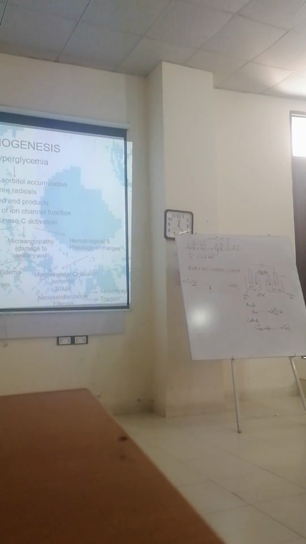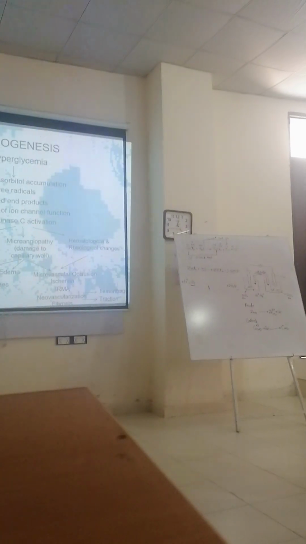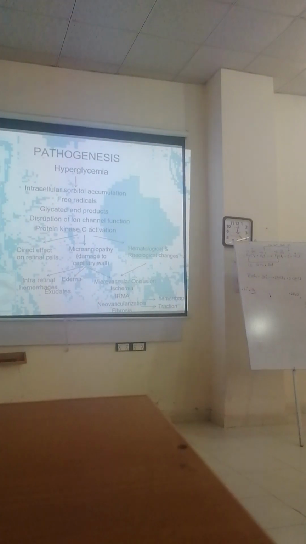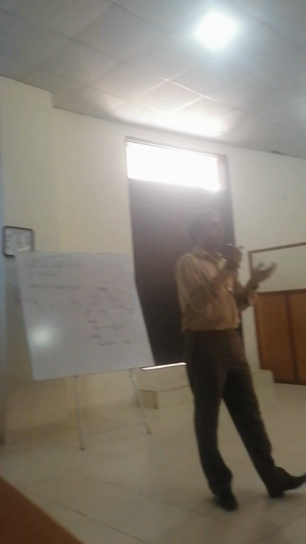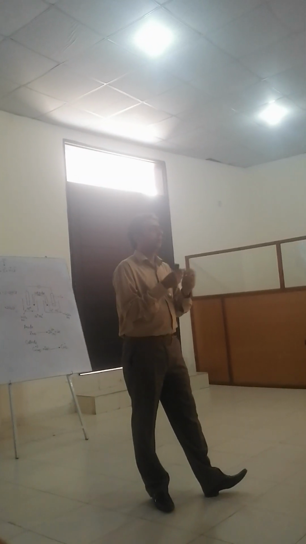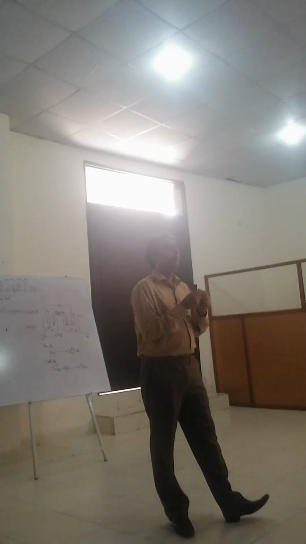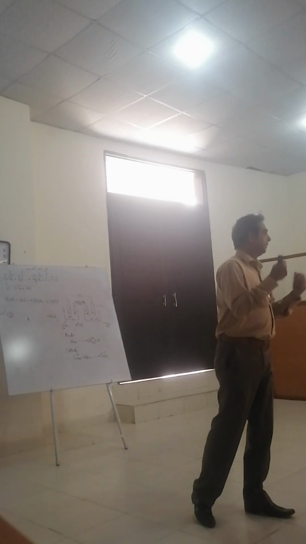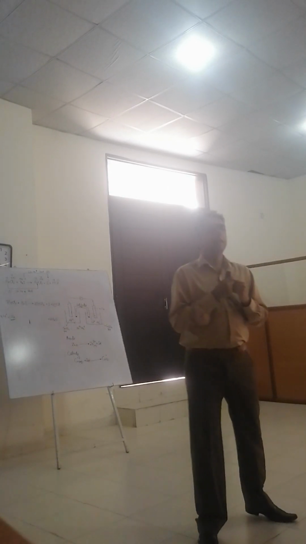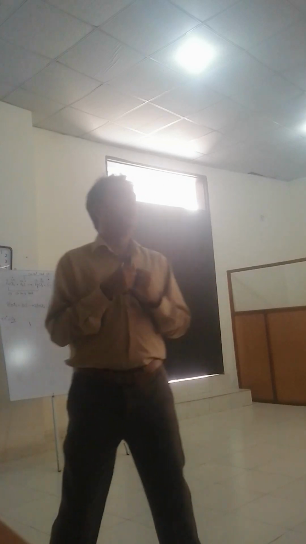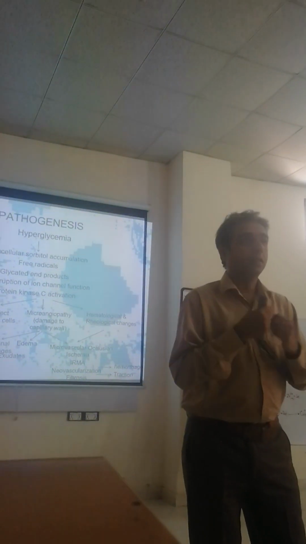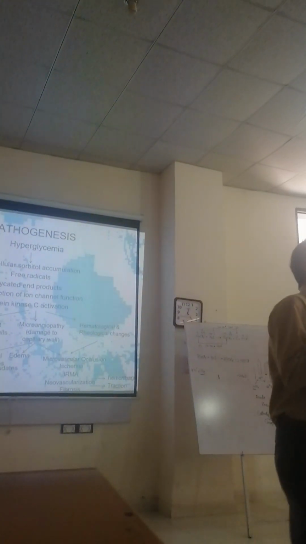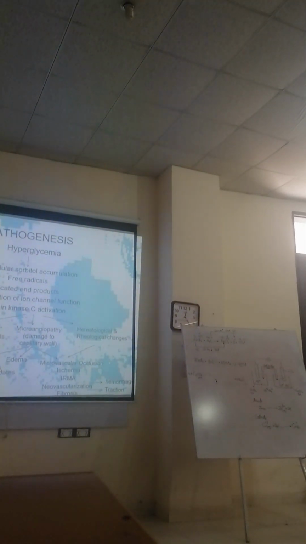So the bottom line of what happens in diabetic retinopathy, I'm telling you the bottom line. In between, a lot of things happen, and ultimately there is a loss of pericytes. When the pericytes which are supporting the endothelium are lost, there is no support to the endothelium, so it cannot function properly.